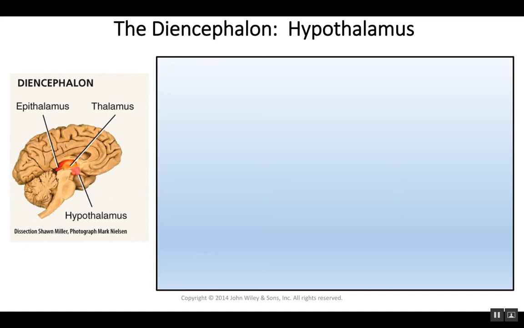It helps regulate your circadian rhythms, or your night and day cycles. So what it's known for in a general sense is to control many body functions and maintain many homeostatic conditions like hydration, temperature, feeding.